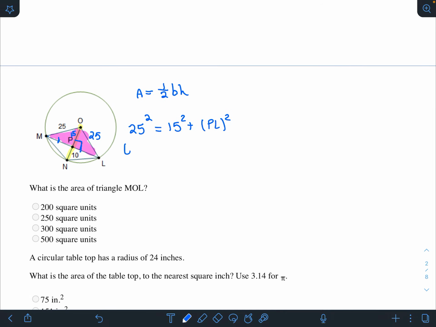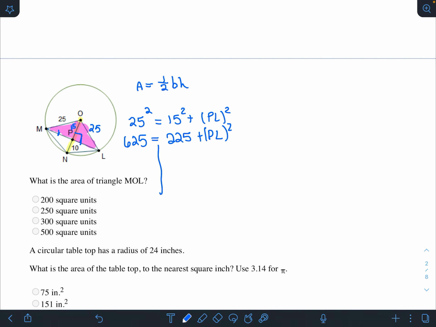All right, 25 squared gives me 625. 15 squared is 225, and then PL squared. All right, subtracting on both sides, minus 225, I get that 400 is equal to PL squared.